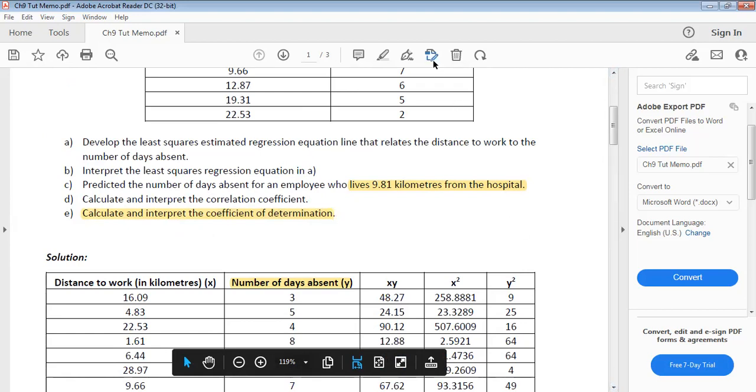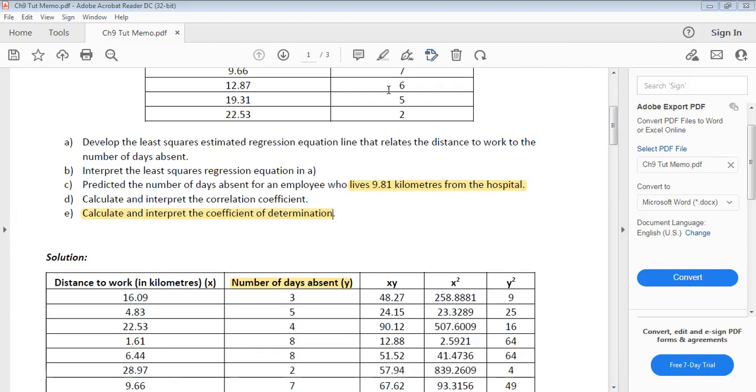Okay. Let me check in the chat. Yes, someone is asking, can you show us how to use stats on the calculator? I have to make a video on that, but I can show you how to use Excel. If a question comes on that, you can use Excel.